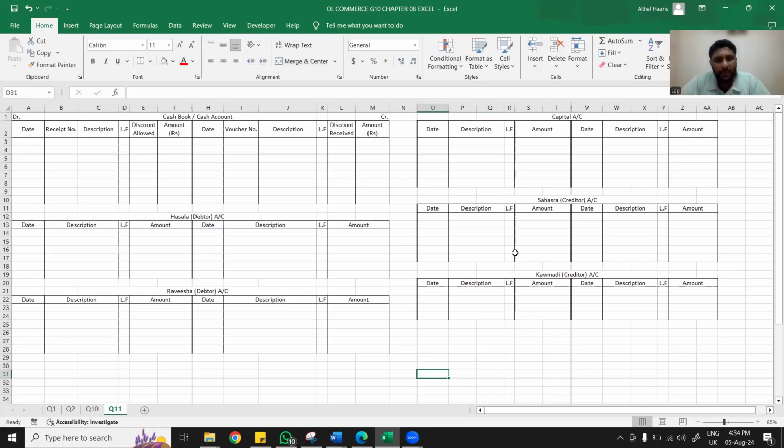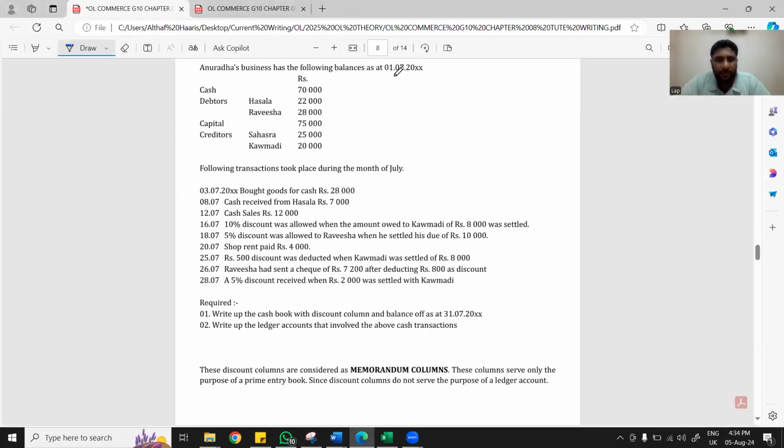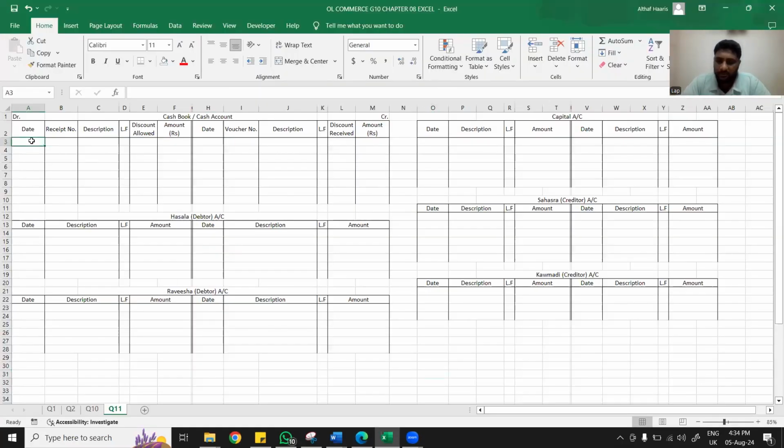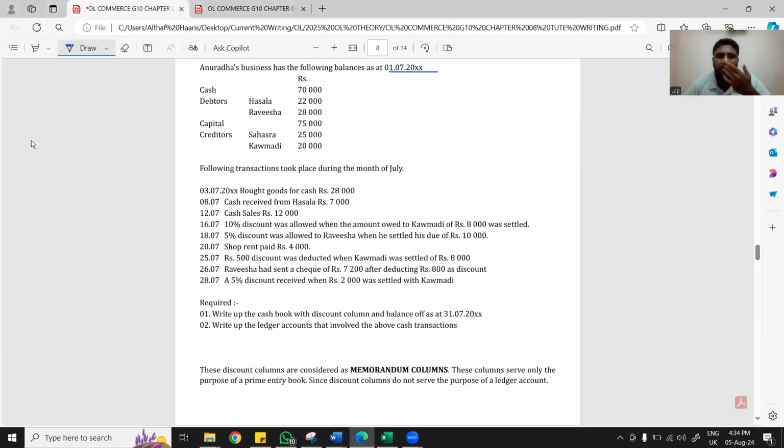Now let's write the opening balances of everything. First, July 20XX. Debtors will have debit balances, assets, no? Opening on the debit side. This is equity, creditors, liabilities. Equity and liability opening will be on the credit side.